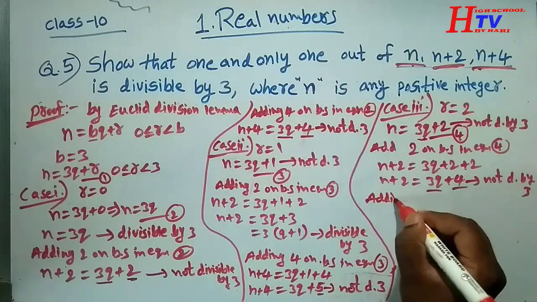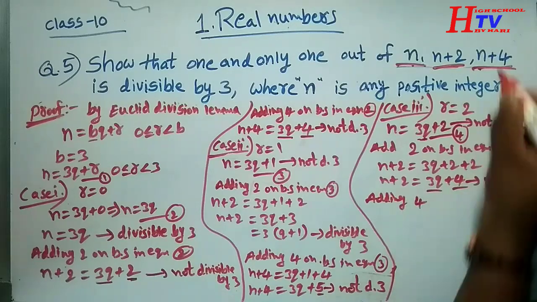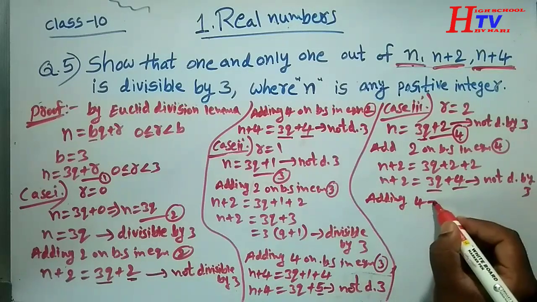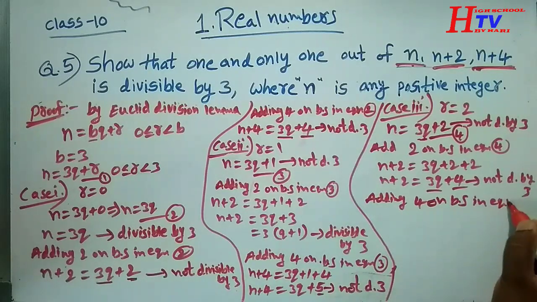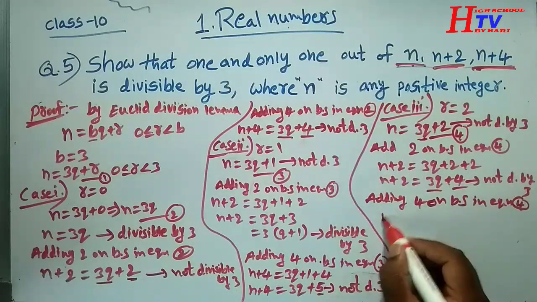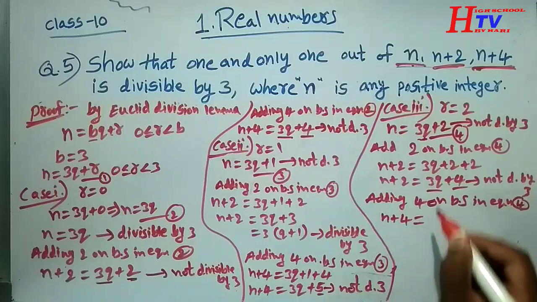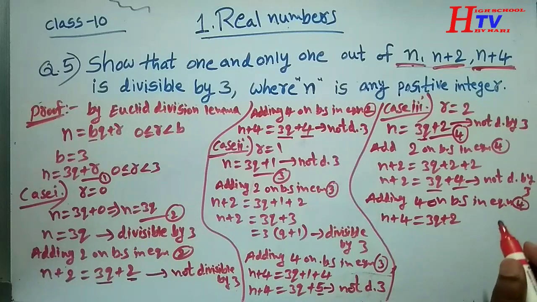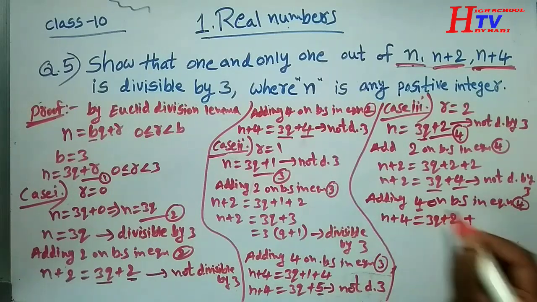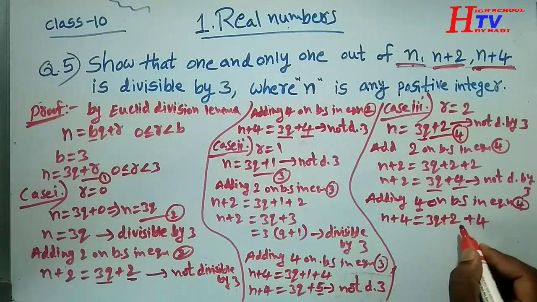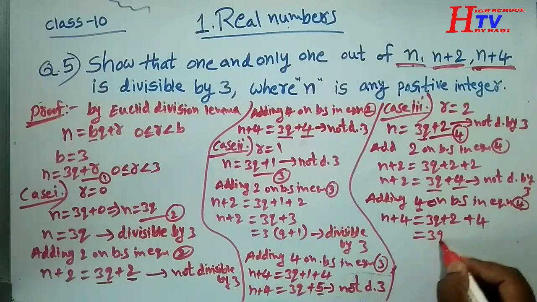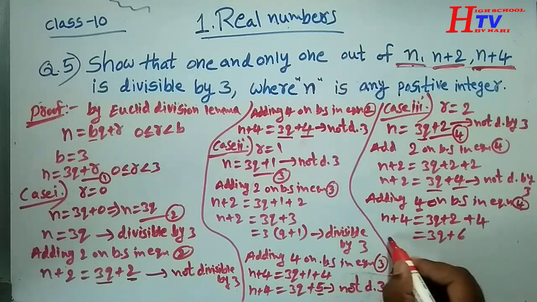Next, adding 4 on both sides in equation 4. On the left side value n, adding plus 4, equals the right side value 3q plus 2 plus 4. 3q plus 2 plus 4 is 6.